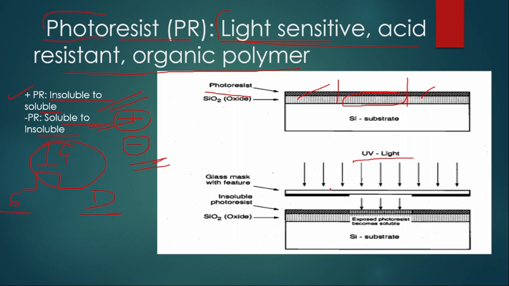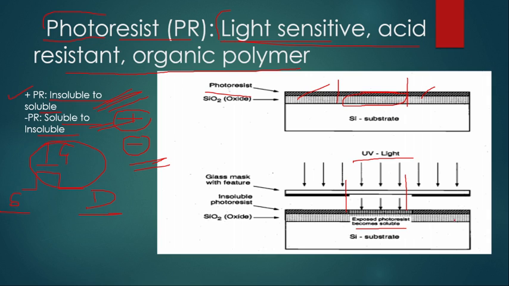So when UV light is exposed all over, the masked area will be protected, and on the remaining portion the UV light will fall and this exposed photoresist will become soluble. As positive photoresist is being used, the insoluble material will be converted into soluble.